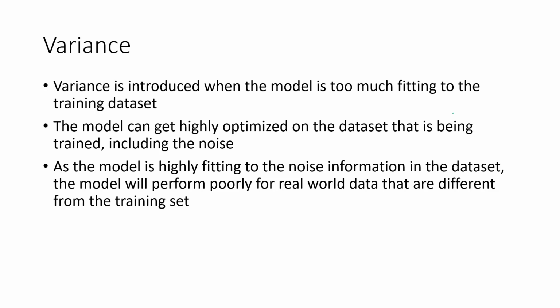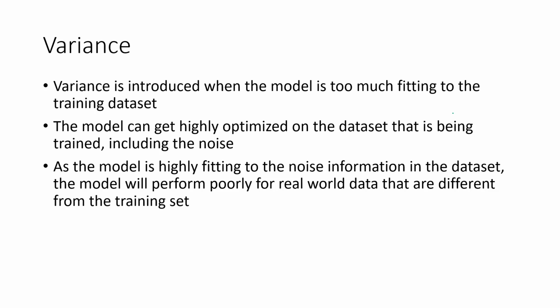So when you have noise in the data and you have many more parameters in your model, or your model is too complex, the model will try to fit into the noise as well, because it has much capacity to absorb the information from the data.